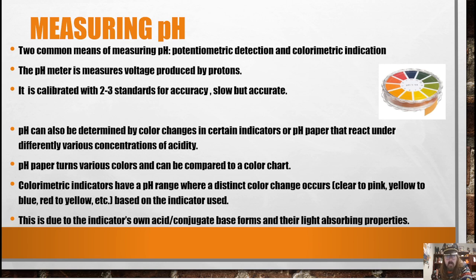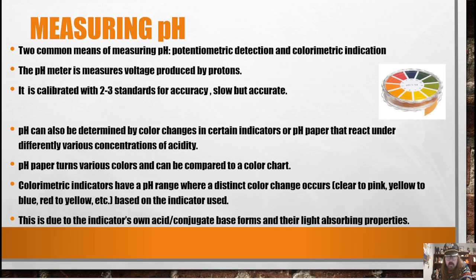But the idea, colorimetric indicators have clear color changes, like phenolphthalein, which is clear in acid but pink in base, and it changes around pH 8. There are some that go yellow to blue or even red to yellow, and so they have a variety of different color changes based on the indicator and based on the pH range.